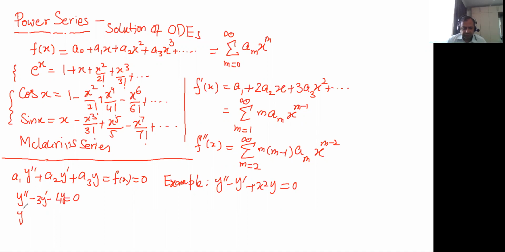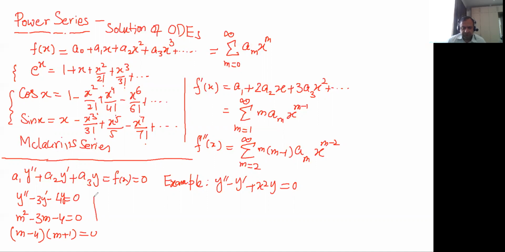We know that its characteristic equation is m square minus 3m minus 4 is equal to 0. We can find the roots of this characteristic equation, which are 4 and minus 1.